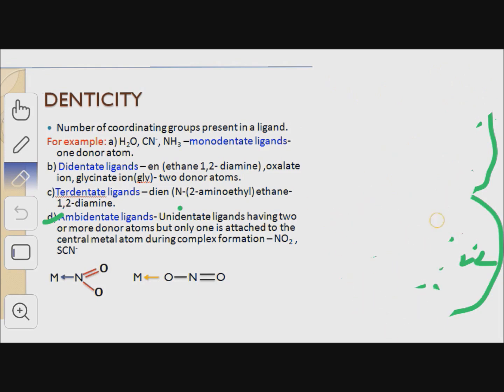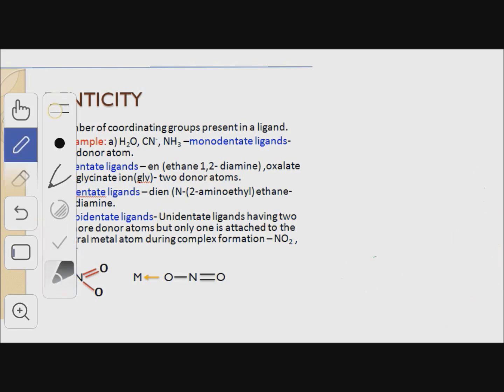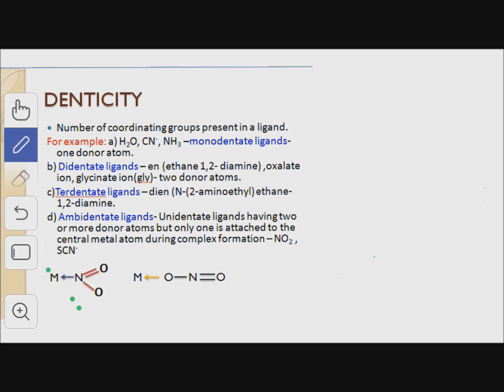For example, NO2, in which nitrogen is linked with the central metal atom with a coordinate bond, and in another way oxygen is linked with the central metal atom.